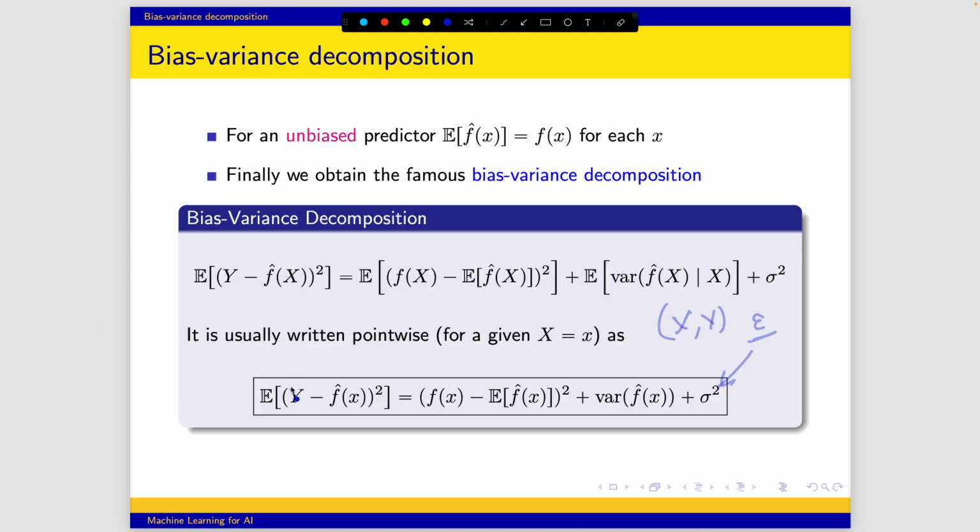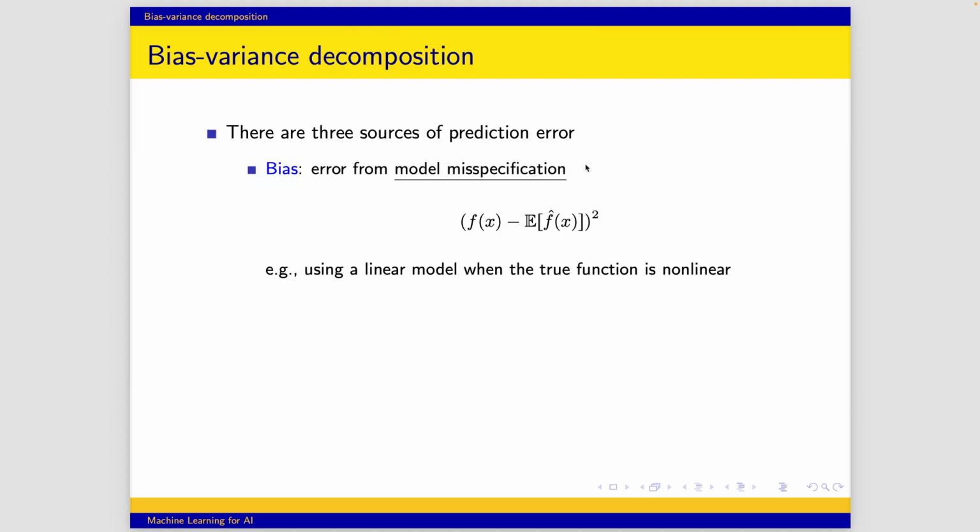So we call this the bias variance decomposition or bias variance trade-off, or that might actually refer to some analysis that people do. Normally we just call it the bias variance decomposition, but you could also refer to it as the bias variance trade-off. So let me discuss these terms a bit more to end this part.